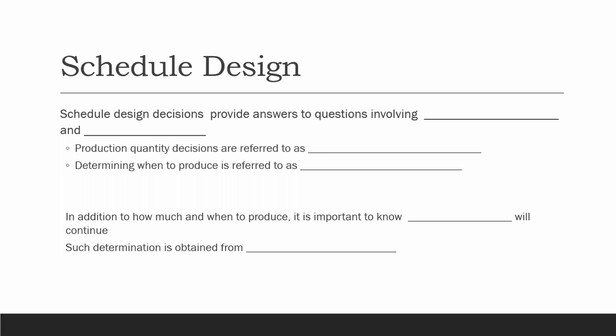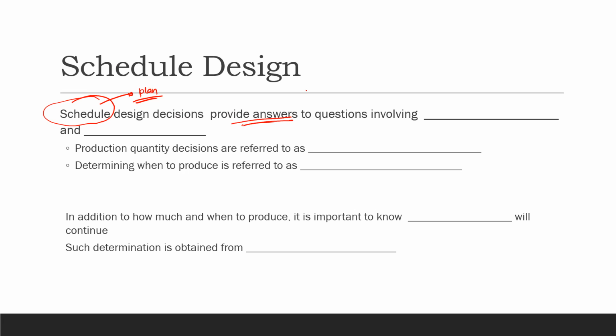So, when we talk of schedule design decisions, we're trying to provide answers to questions involving like, di ba, when we talk of schedule, di ba, tinitingnan natin, it's more of a plan. Ano? So, ano ba yung pinaplano natin? Ano yung mga questions na kailangan nating i-answer?